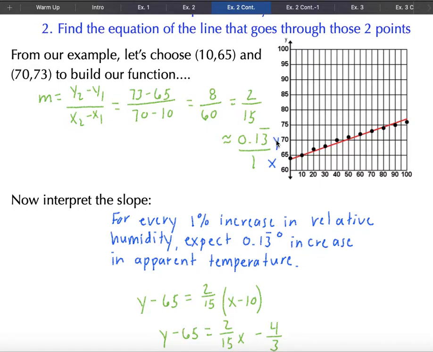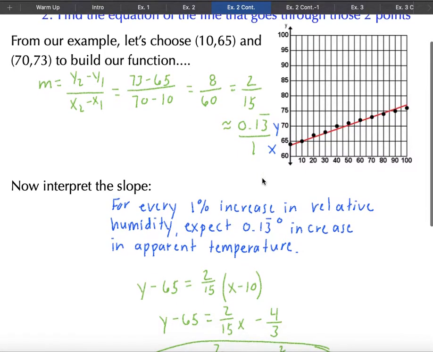They represent your apparent temperature. And what do your x values represent? They represent a percent increase. Okay? So basically what we're saying here is that this slope means that for every 1% you increase your relative humidity, you can expect a 0.13 degree increase in your apparent temperature. Okay? That's what that means.